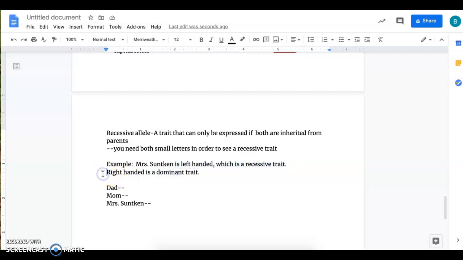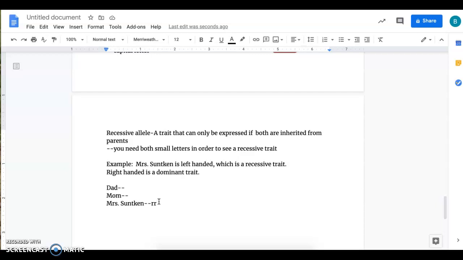So when you're doing these allele combinations, whatever's dominant, use that letter. It's going to be way easier. So right-handed is a dominant trait. You're probably saying, well, little r should be little l because left-handed. Well, no, since right-handed is dominant, we're going to use R for the whole thing.